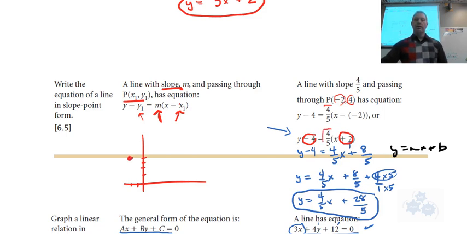And we also have the slope, 4 over 5. So from there you go up 4 units and over 5 units. And you put your point on. And you can do that as many times as you want, but you only need 2 points. And you connect those, and boom, you got your line.